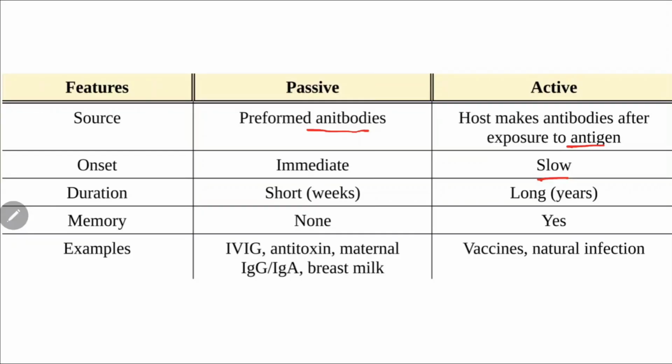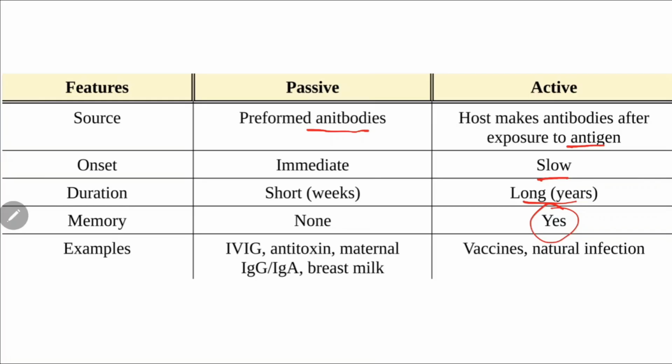In active immunity, the antibodies produced are long lasting, and memory cells are also formed to replace them. In passive immunity, no memory cells are formed, while in active immunity, memory cells are formed. That means when you are infected the second time, you will have a stronger and a quicker immune response.